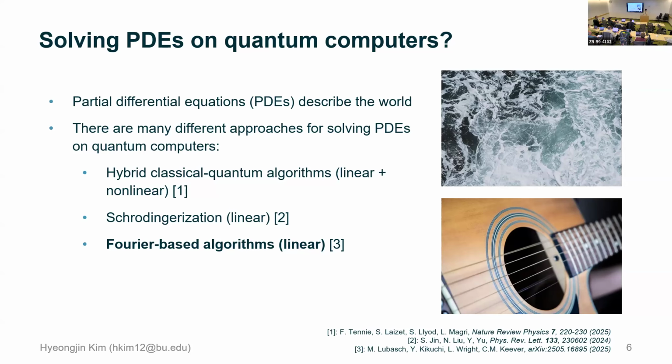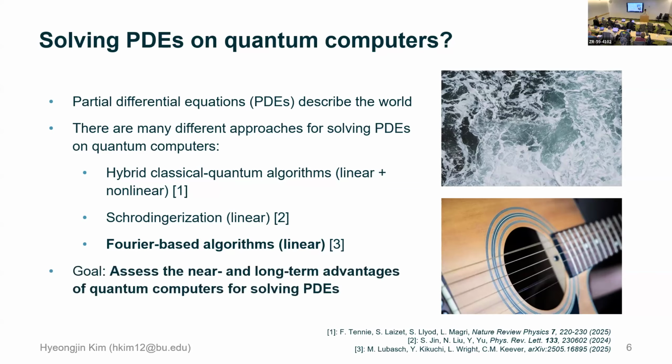And in this talk, I'll focus on this recently proposed algorithm by Lubash et al. that uses the Fourier space, using the quantum Fourier transform, to solve specific linear PDEs. So the goal of this project is really to assess the near and long-term advantages of quantum computers for solving PDEs, and we'll focus on this particular implementation for that.